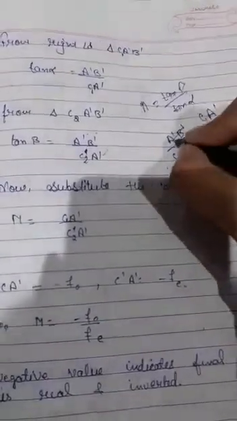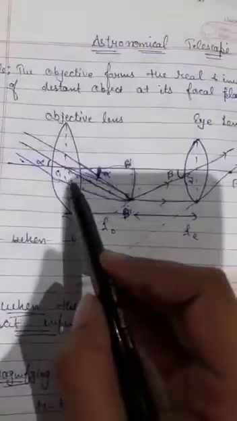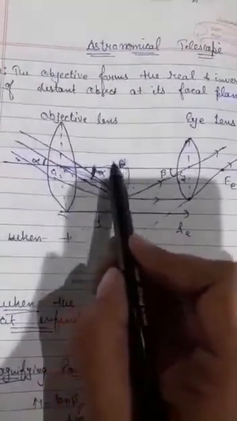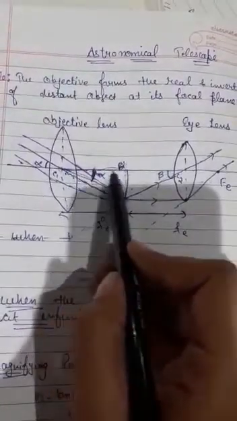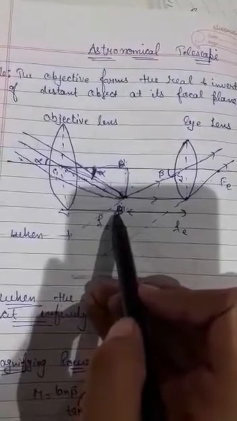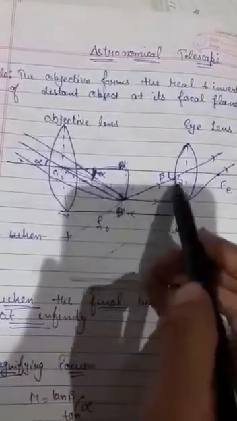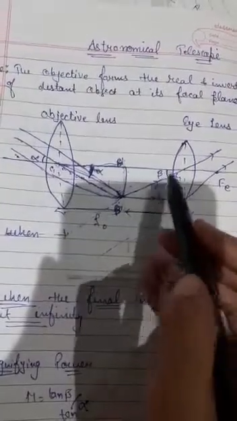These terms will get cancelled out and we will have C1 A dash upon C2 A dash. C1 A dash we can take as f naught, and C2 A dash is the same, C2 A dash.